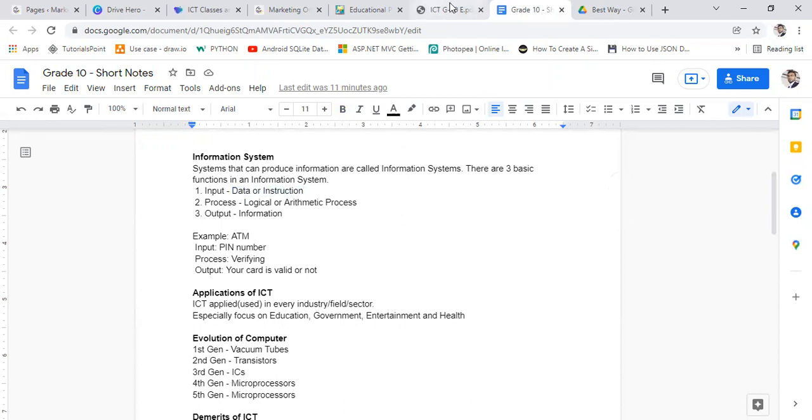For example, like I said, you should have the knowledge and all, so that's actually instruction. You will be giving the instruction with your knowledge. And the process can be a logical process or arithmetic process. Okay, true or false, or sometimes arithmetical operations, they can be a process.